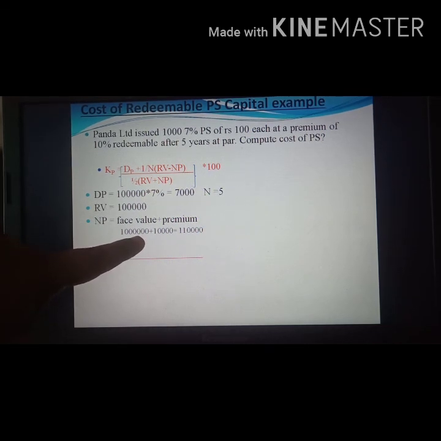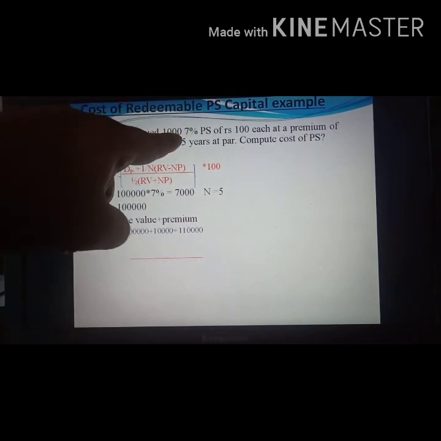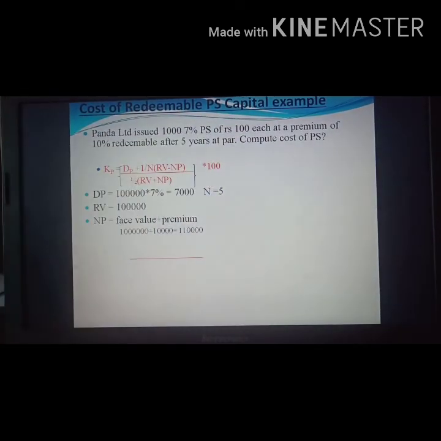There is a slight mistake in the face value written here. We know that the face value is equal to 1 lakh, because 1000 shares into 100 gives 1 lakh. So face value plus premium, 10% of 1 lakh, which is 10,000, gives net proceeds of 1 lakh 10,000.